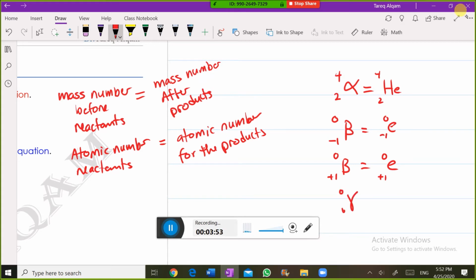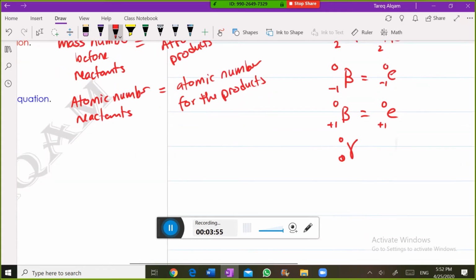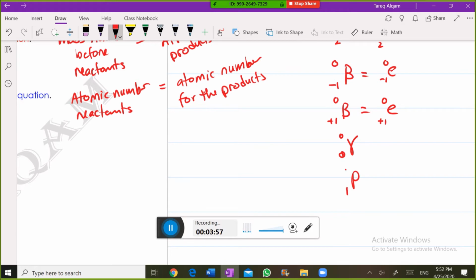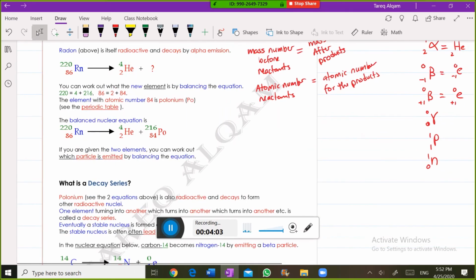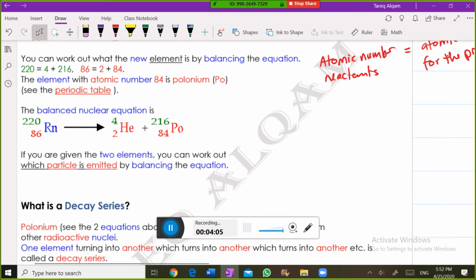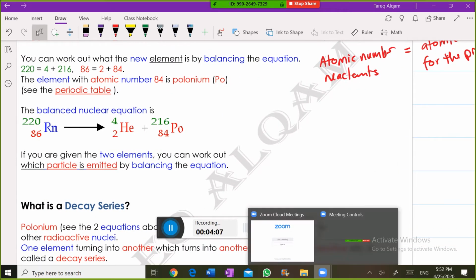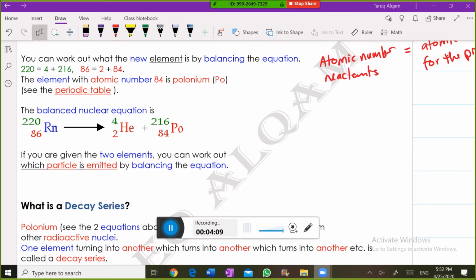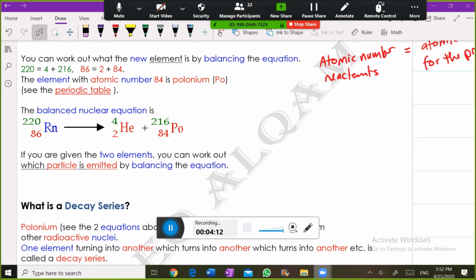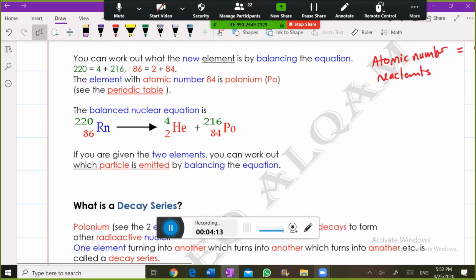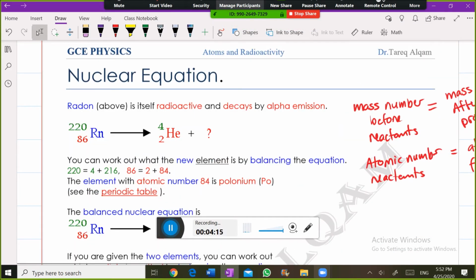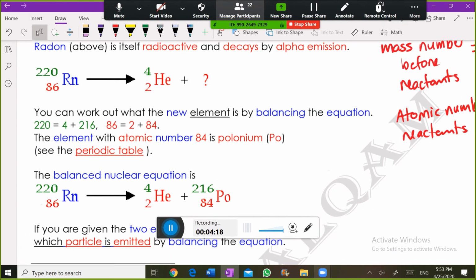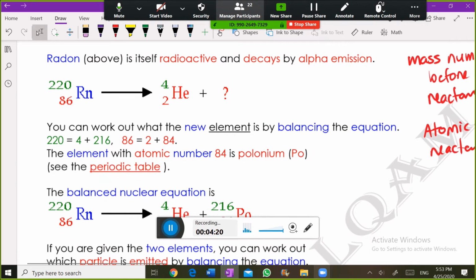Gamma has 0, 0. Proton has 1, 1, and neutron 0, 1. You have to memorize these things. Okay. So I can use it to predict the daughter nucleus or the products.